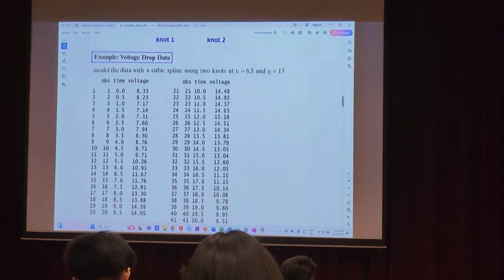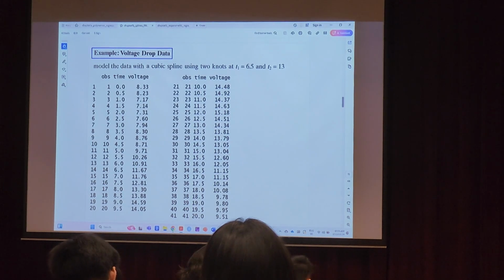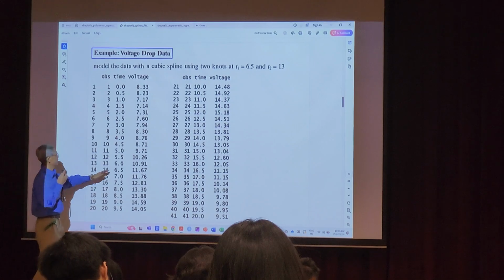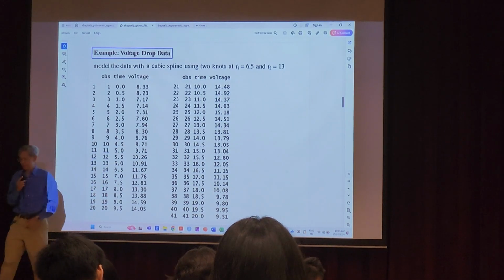So let's look at this voltage drop data. Okay? And so I have the time here, the voltage. So there are two variables here.